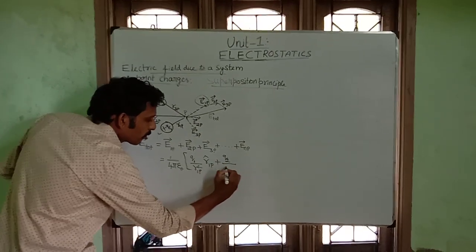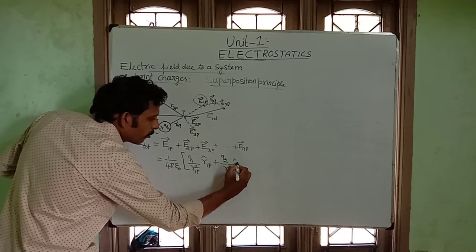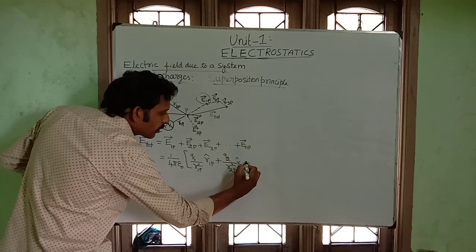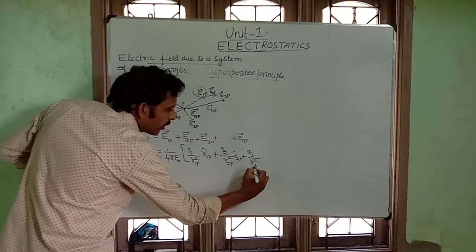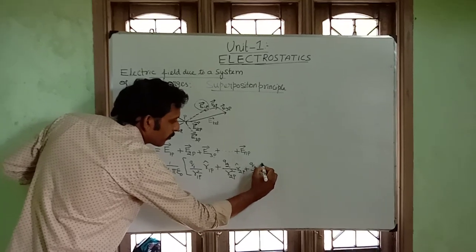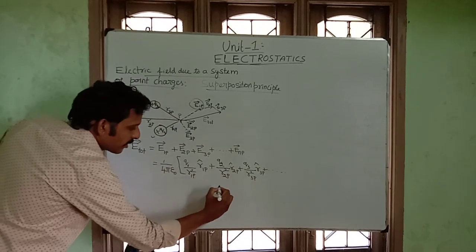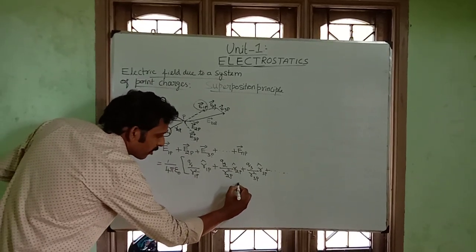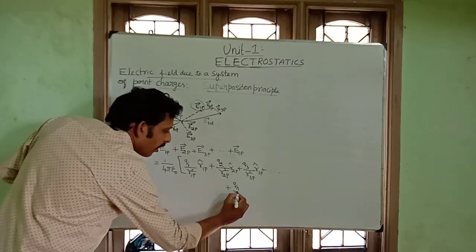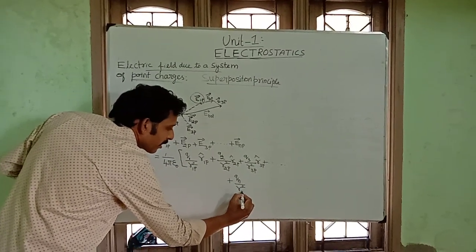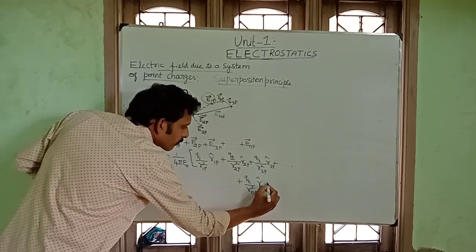Q2, r square 2p, r cap 2p, plus Q3, r square 3p, r cap 3p, plus etc., plus I can write it as Qn, the nth charge, Qn, r square np, r cap np.